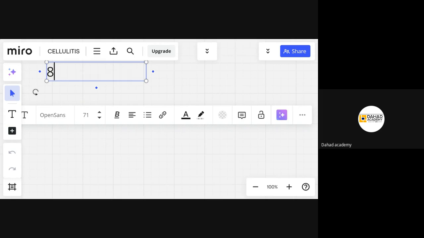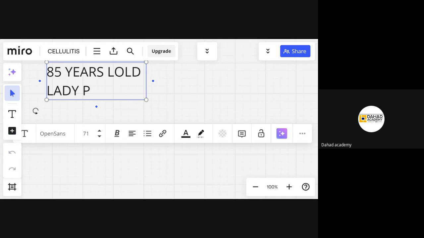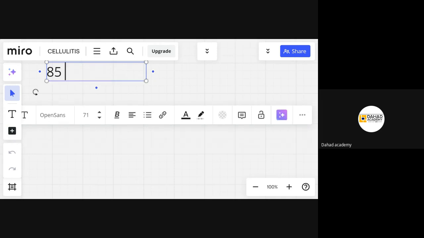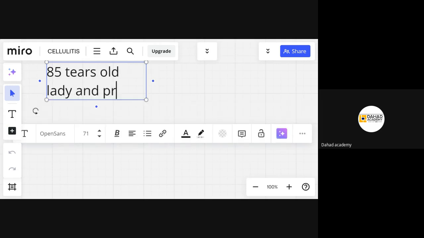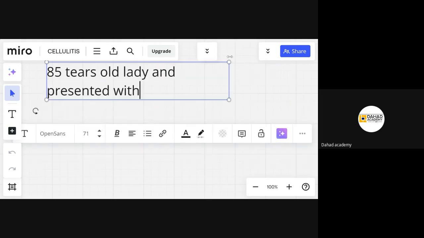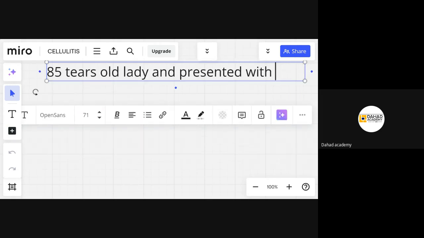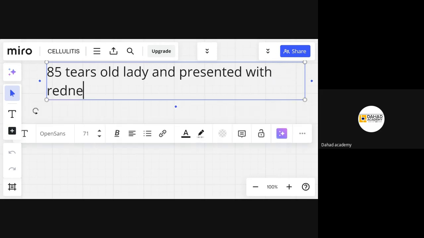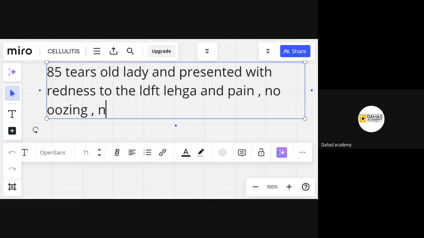So let's say an 85 years old lady presented with, and you mention what she presented with. So let's say she presented to you with redness to the left leg and pain, but no oozing, no fever, and mild tenderness, right?